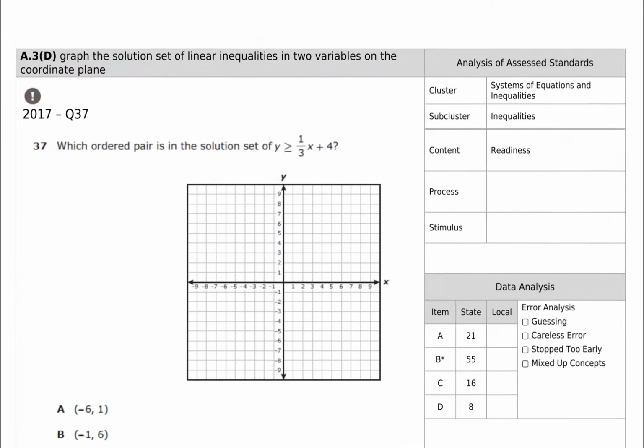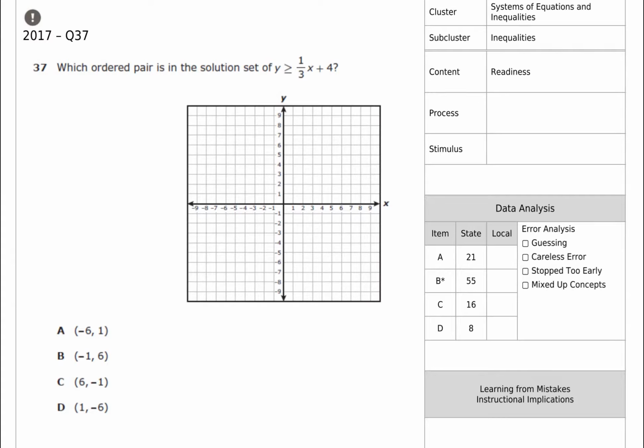Let's do another y equals mx plus b slope-intercept form. We have y equals mx plus b. What's the y-intercept? 4. So we put a dot. 1, 2, 3, 4. And then our slope is 1/3. It's positive, so it goes up 1, right 3. Put a dot.